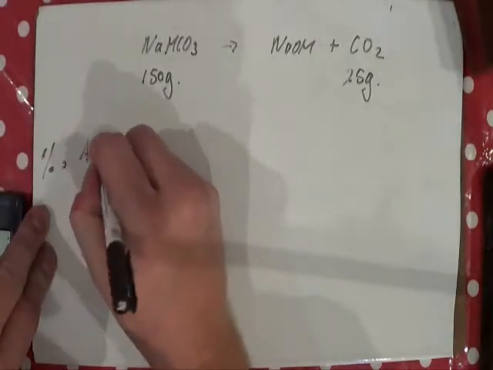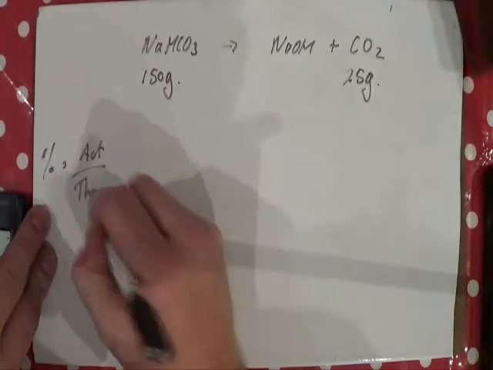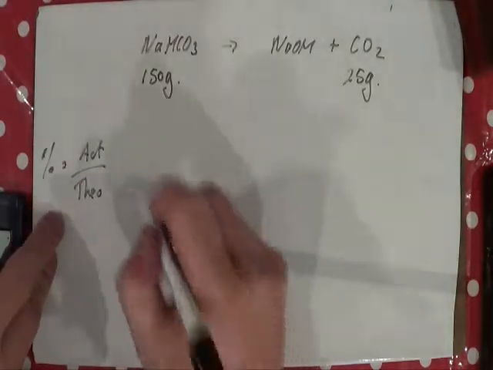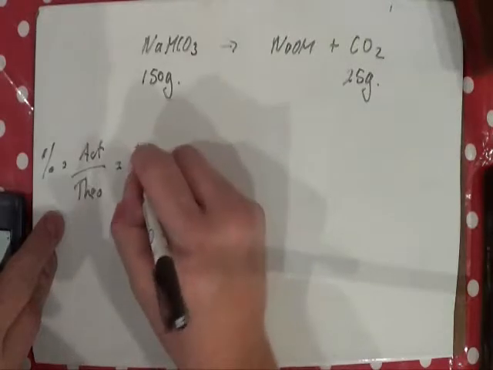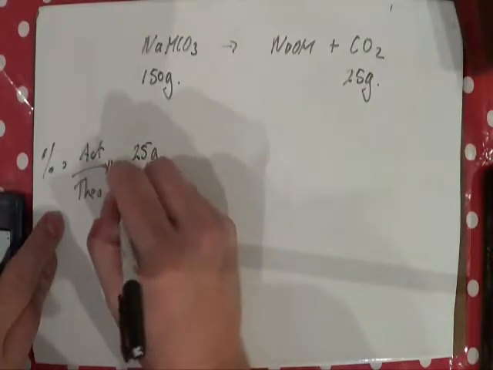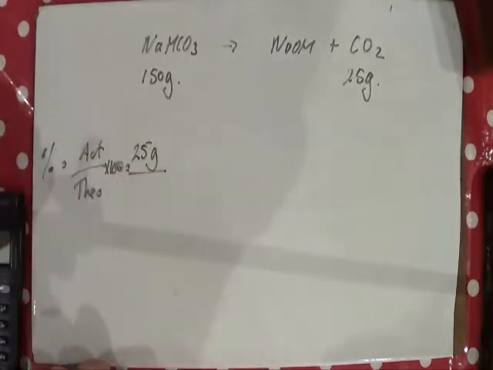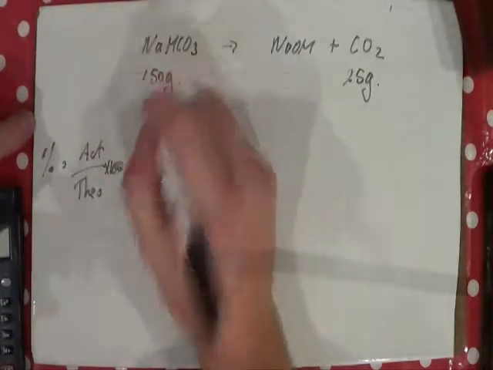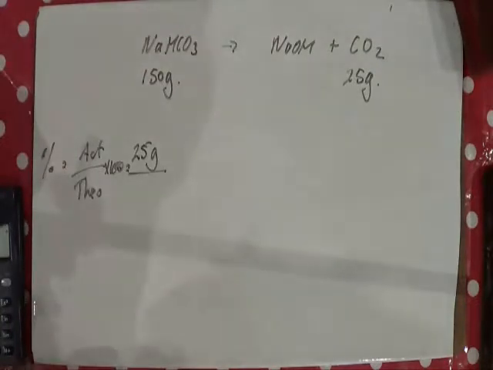Okay, so we're looking at actual over theoretical, and actual is we made 25 grams of it. Theoretical is, well, we've got 150 grams of that.